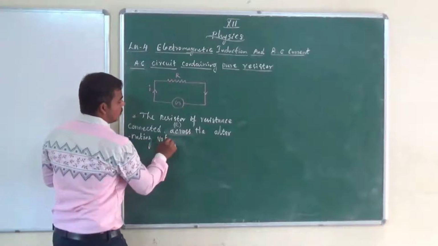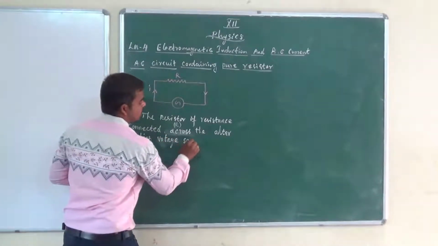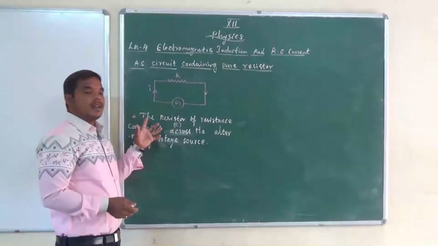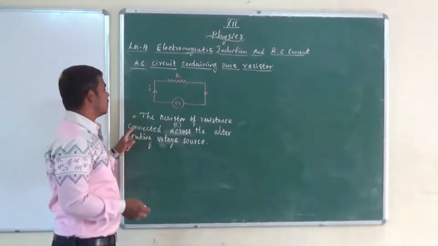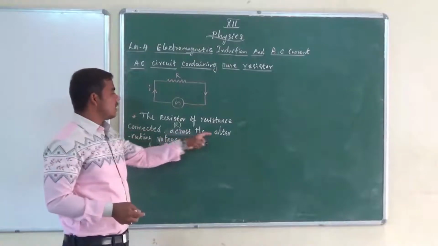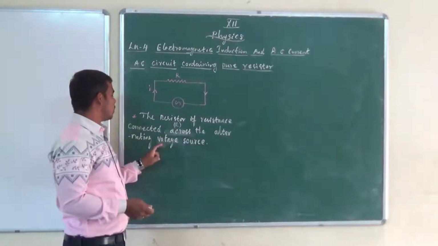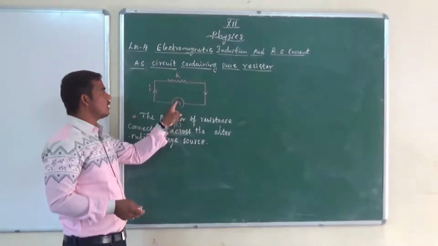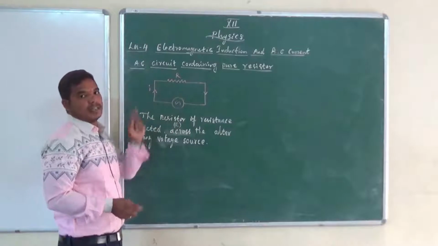So the first point you have to write: the resistor of resistance R is connected across the alternating voltage source. Which is the alternating voltage source? The small circle with this symbol indicates alternating.